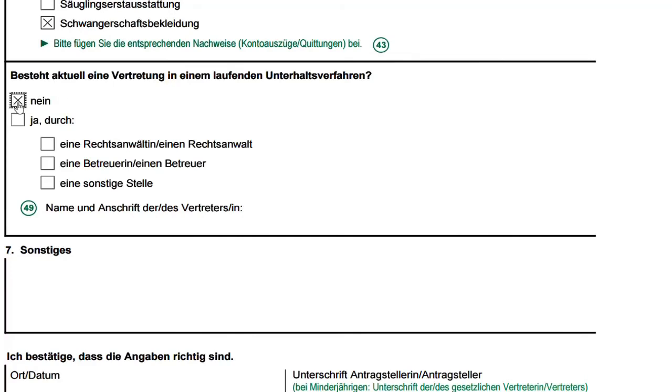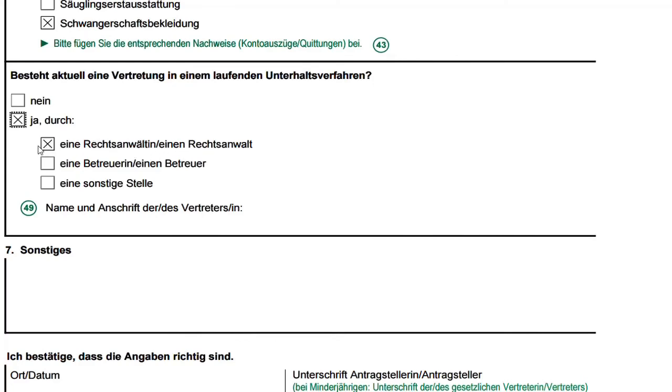But if she is being represented by a lawyer in these maintenance proceedings, you mark here with a cross, and at the same time you mark "ja", or yes, with a cross because she is being represented by someone.